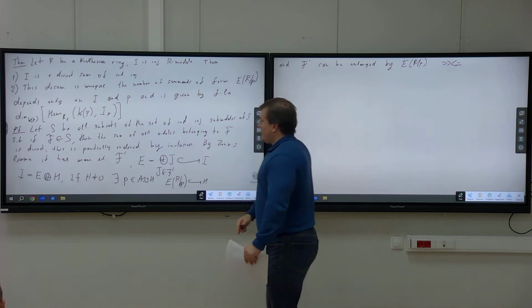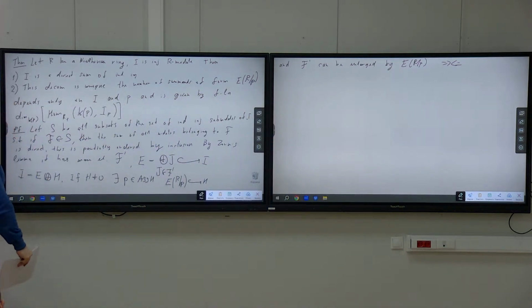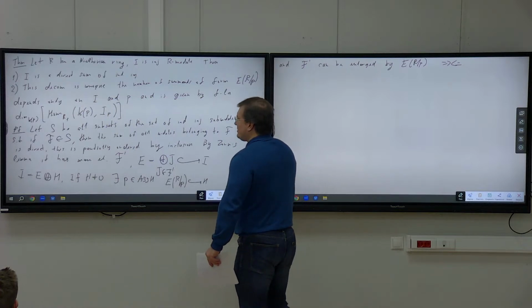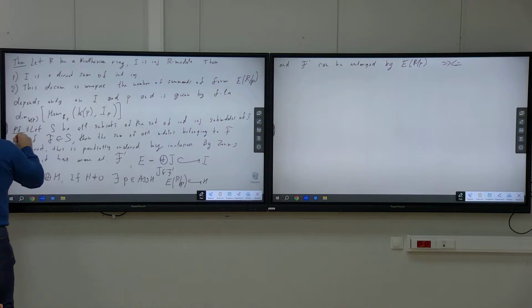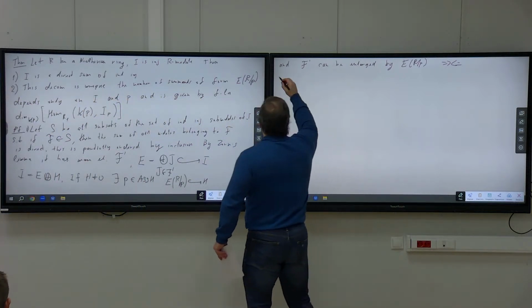So H is 0, and indeed, if you choose this F prime, this will be a decomposition of I into a direct sum of indecomposables. Okay, this set theoretic argument doesn't really show you anything, it's just a formal proof. But I don't think that you can do this better than this.